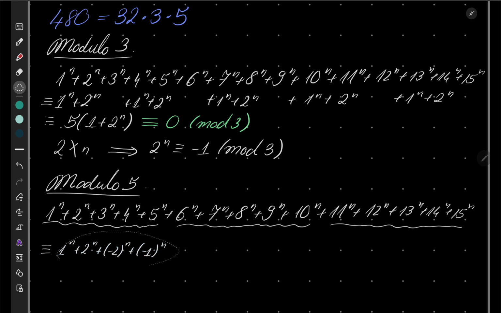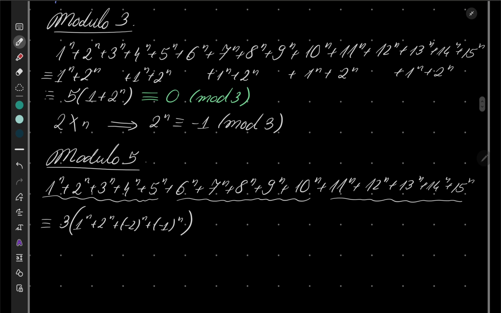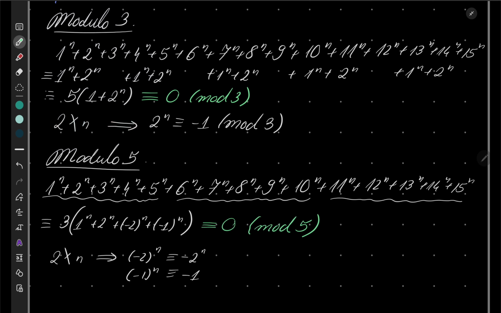And again, since n is odd, it implies that 3 to the nth power is congruent to -2 to the nth power, and 4 to the nth power is congruent to -1. So again, we see that this whole sum is congruent to 0 modulo 5. So we have divisibility by 5 as well.